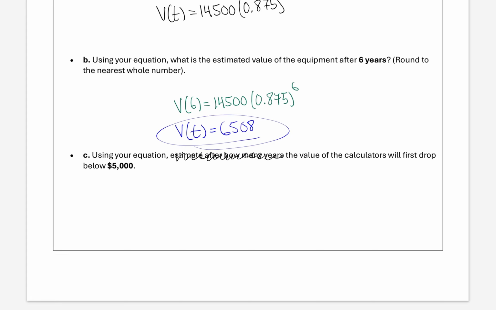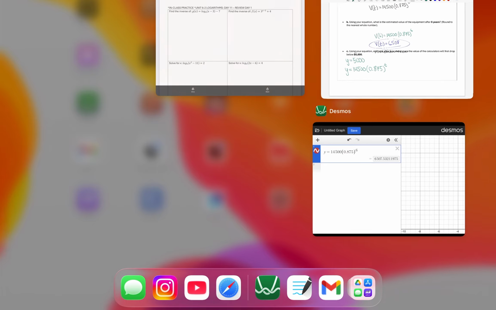Okay. All right. So this means that we're going to look at our calculators and we're going to type in the following. Y equals $5,000. We're going to type in the original function, 14,500 times 0.875 to the power of t on the calculator. And what we're looking for is the point of intersection between these two lines.